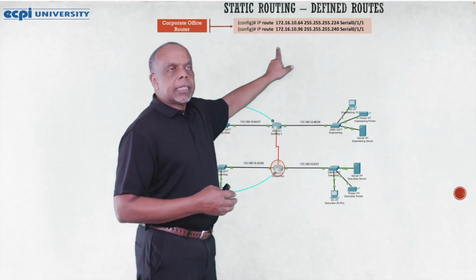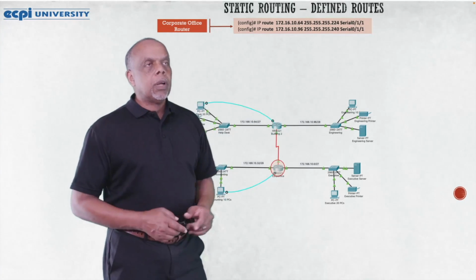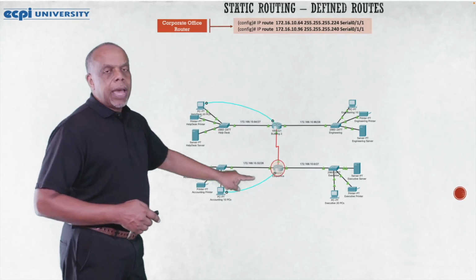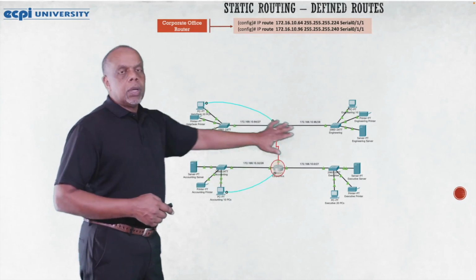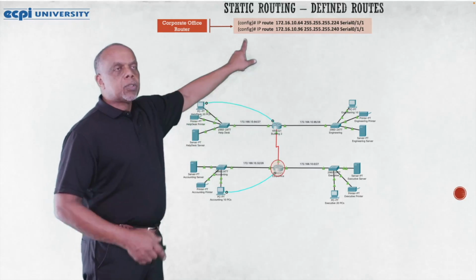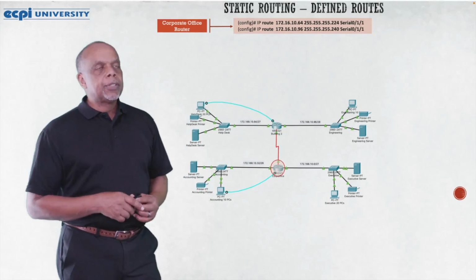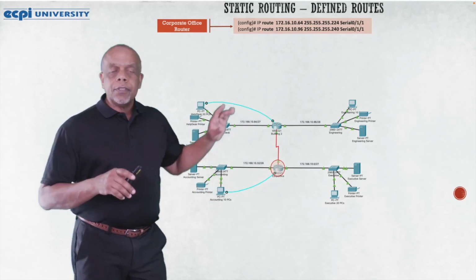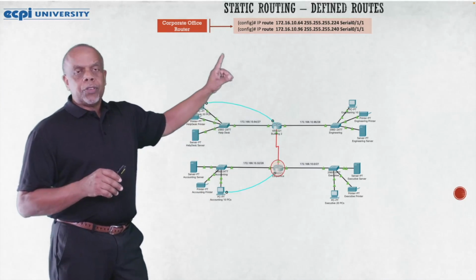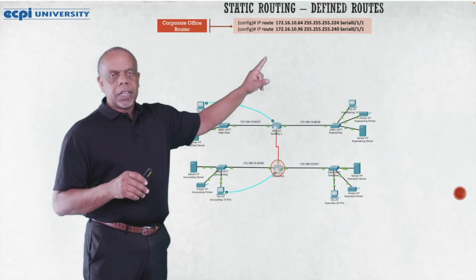So what it's saying is, okay, I need to have a route for this router to get to these subnets if it wants to talk to them. So the first one, I'm going to establish an IP route to 172.16.10.64 255.255.255.224.